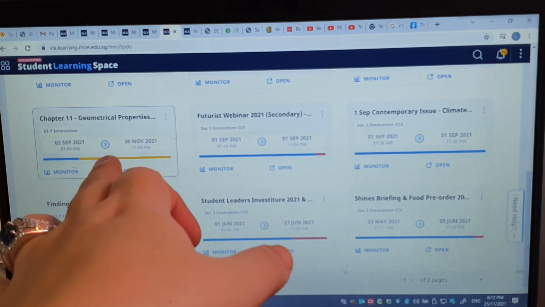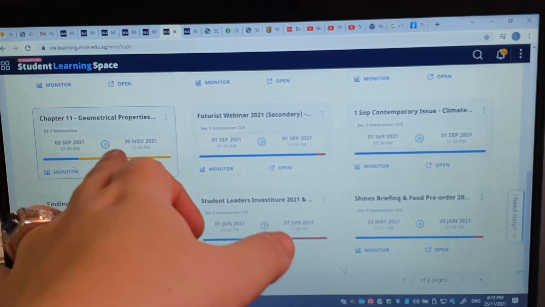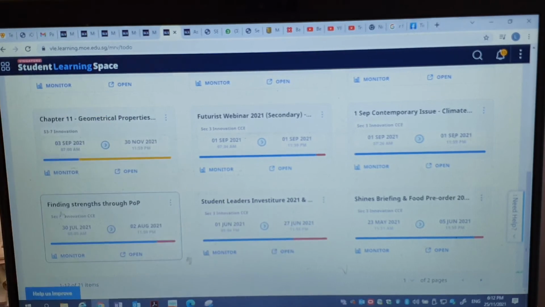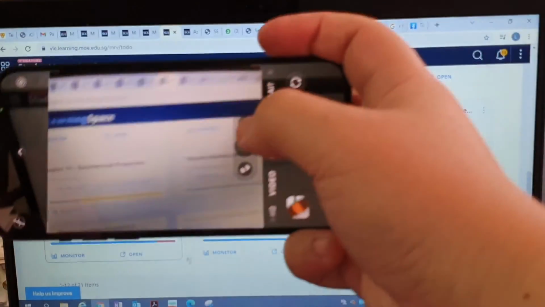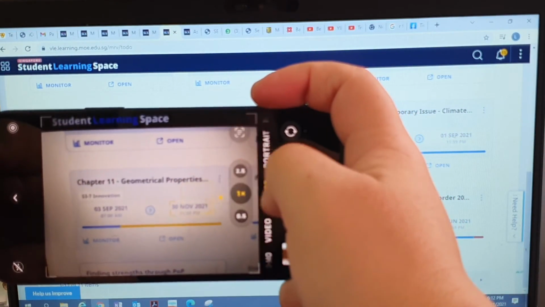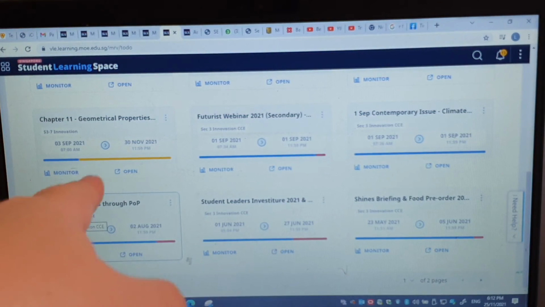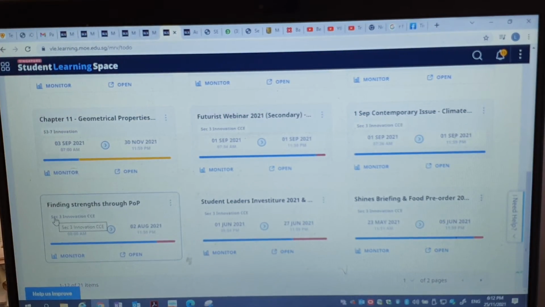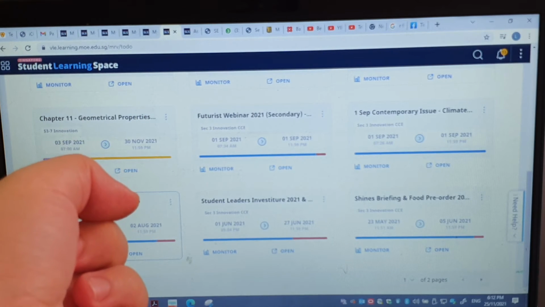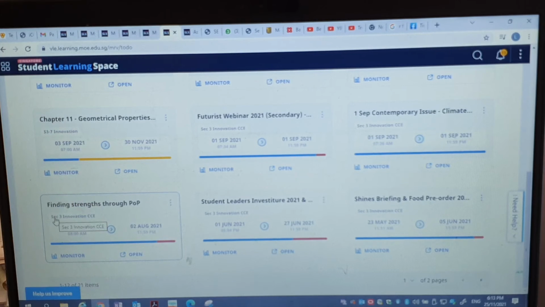All these yellow people, please do because it's going to expire on 30th of November. I better take a picture and show all of you. If you don't do, next year they don't teach you this because it's supposed to be done through SLS. They expect you to learn on your own, okay?